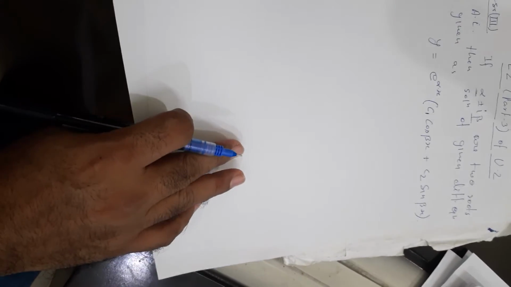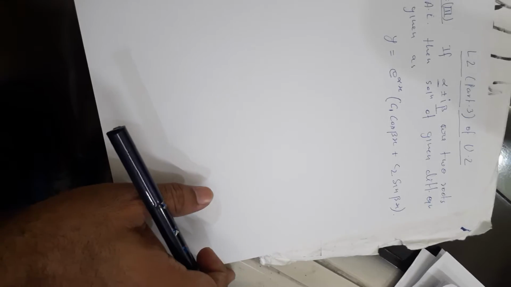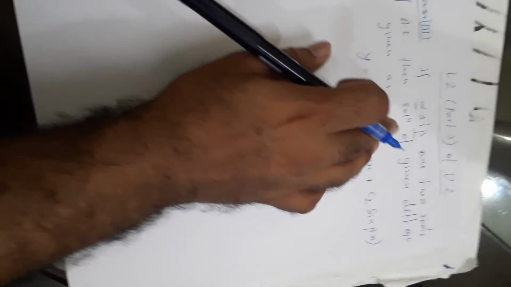So this is the method to write the solution of the differential equation when the auxiliary equation has roots like alpha plus minus i beta.